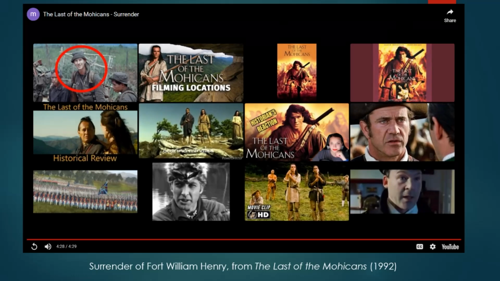Now, actually, that scene is basically historically accurate. Montcalm and his army did indeed besiege Fort William Henry. The parley between him and Colonel Monroe occurred historically.